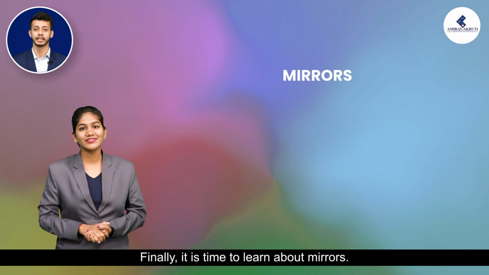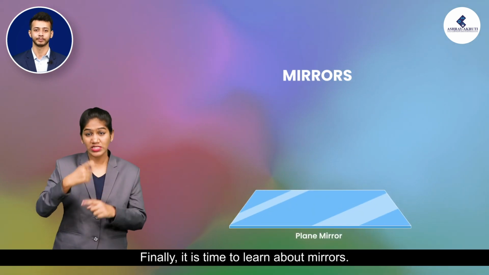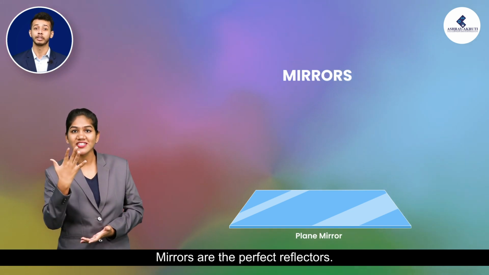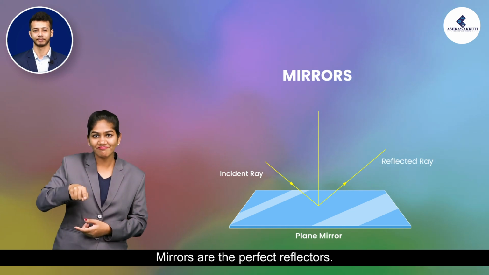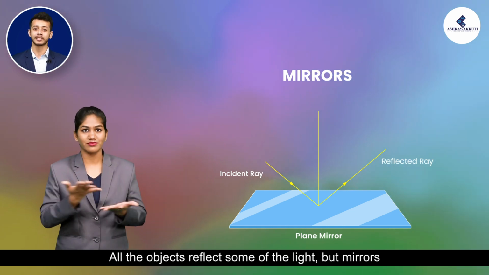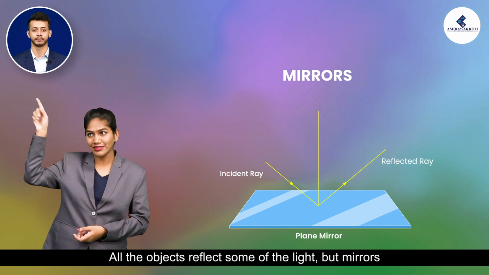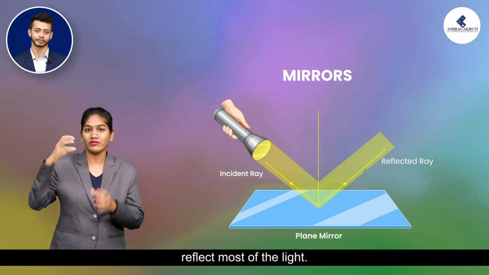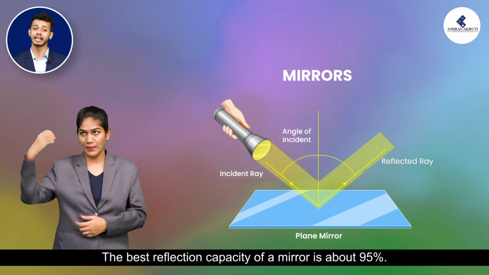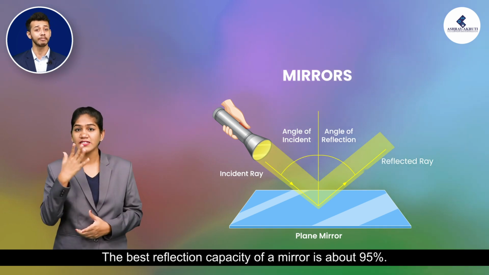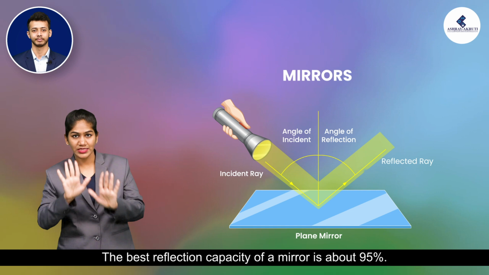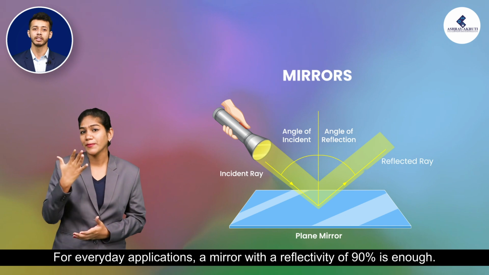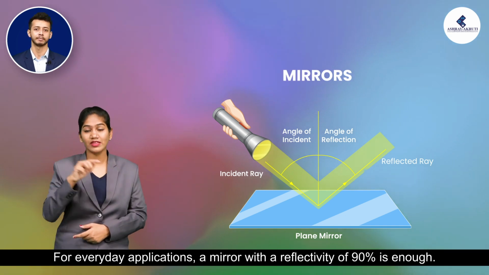Finally, it is time to learn about mirrors. Mirrors are the perfect reflectors. All the objects reflect some of the light, but mirrors reflect most of the light. The best reflection capacity of a mirror is about 95%. For everyday applications, a mirror with a reflectivity of 90% is enough.